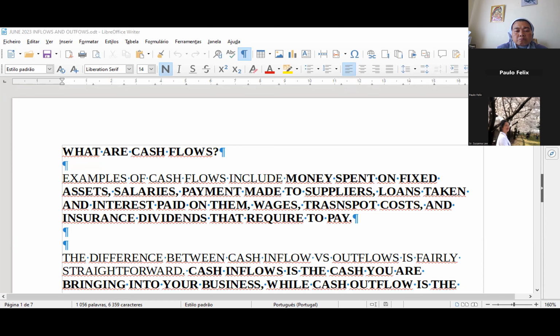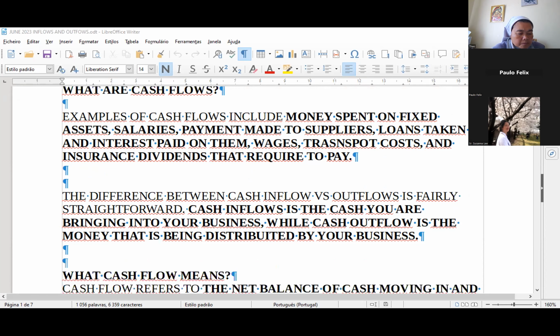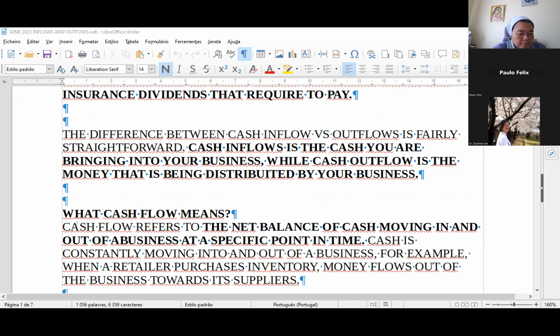The difference between cash inflows and cash outflows is fairly straightforward. Cash inflows is the cash you are bringing into your business, while cash outflows is the money that is being distributed by your business.